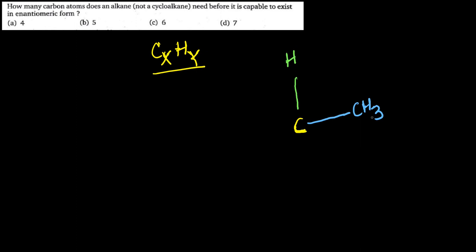So already we have used hydrogen. Now as we need 4 different groups connected to the carbon atom, and we have already used a hydrogen, now we are using a CH3 group. Now the third group may be C2H5.